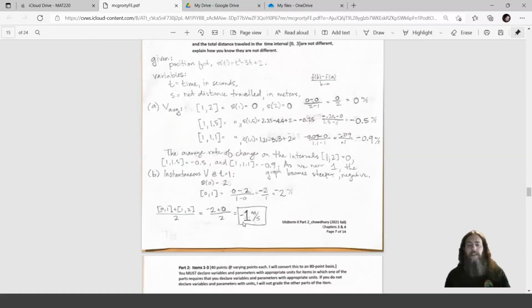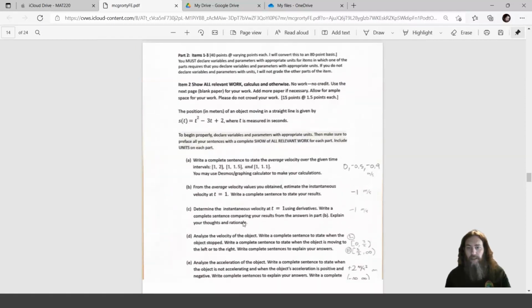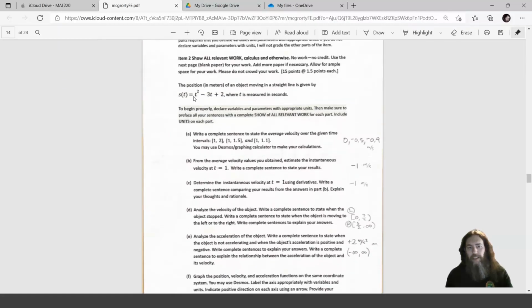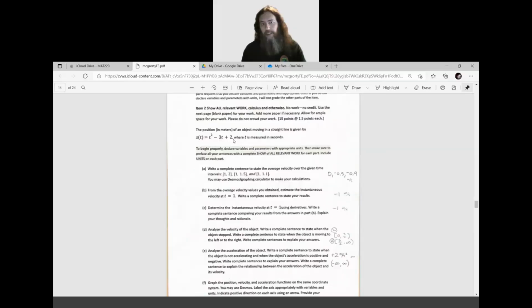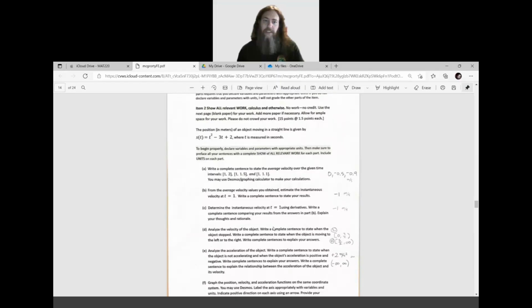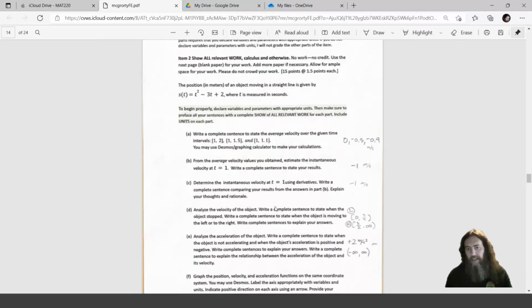So we end up with a slope of -1 meter per second at t equals 1. If we do it using derivatives, we take the derivative of this function, 2t minus 3t plus 0, and then sub in 1 through direct substitution, and we end up with the same answer.